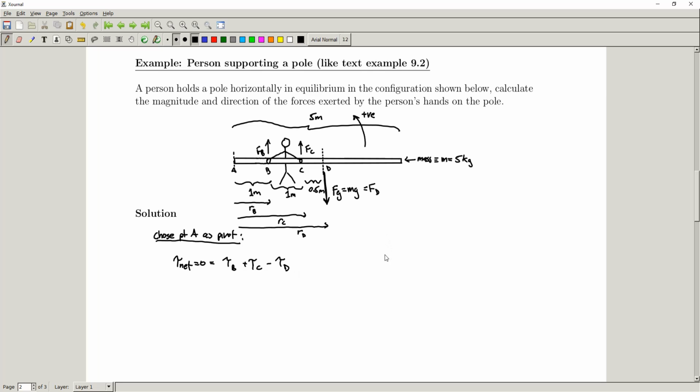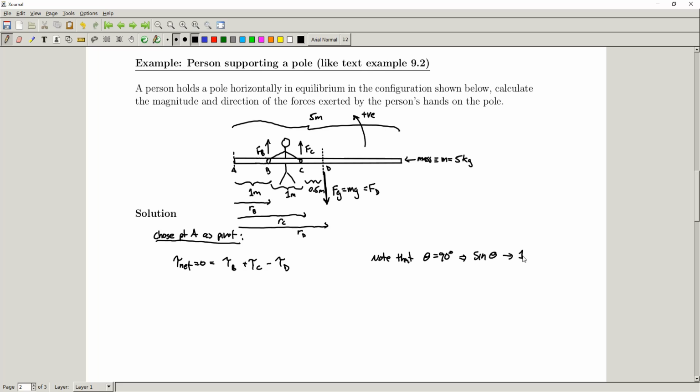Okay, but note that all of our angles between our R's and our forces are always going to be 90 degrees. I haven't drawn any angles in here, right? This is not true for every example, but in this case, all of our forces are perpendicular to the vectors that give us the distance R. And so we simply have theta equals 90 degrees in every case, which means that sine of theta is just going to be 1 in every case.